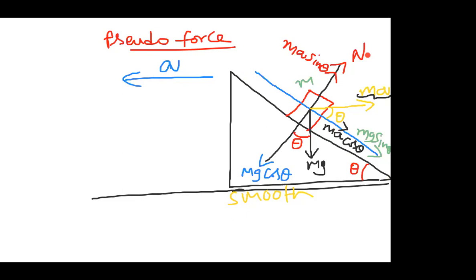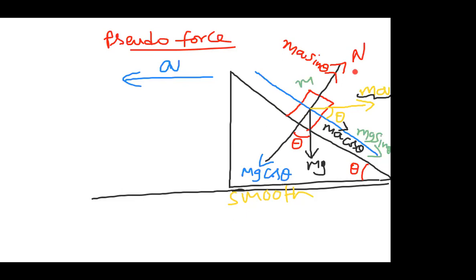Now you clearly observe some opposite forces, because the block is on the inclined plane. This N and MA sin theta, the sum of these two forces must be equal to mg cos theta. Then only the block can stay on the inclined plane. Block is on the inclined plane means the sum of these opposite forces must be equal.